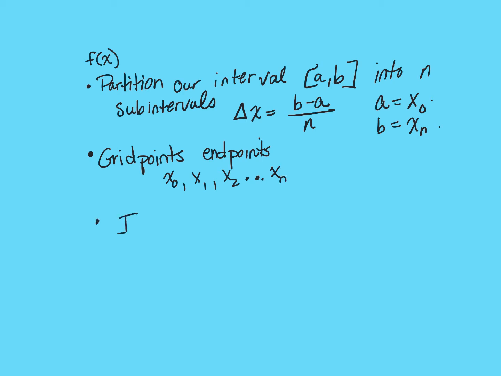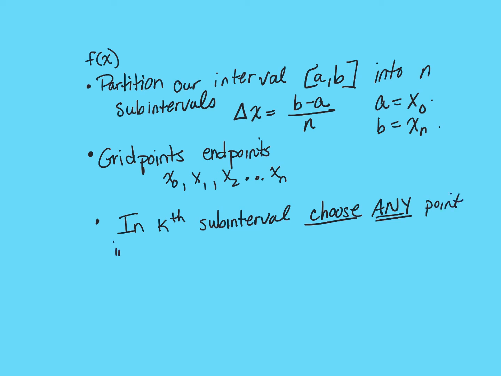Then, in the kth subinterval, we're going to choose any point in the interval, and I can explain this in a little bit, and we're going to call that x sub k star, and then we're going to build a rectangle.